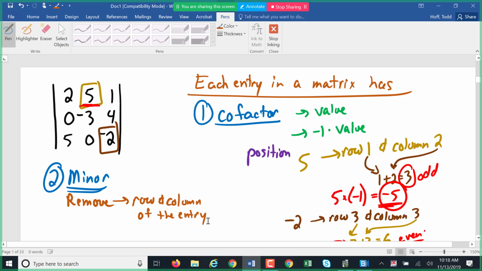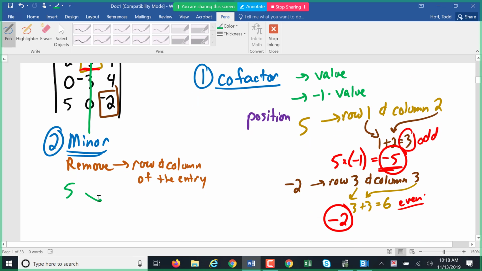Well, what does that mean? Well, let's go back and do this for the 5 again up there. For the 5, if I remove its row, this is the row the 5 is in. If I remove its column, there's the column the 5 is in. What is left is the 0, 4, 5, negative 2. That 2 by 2 matrix is the minor for 5.